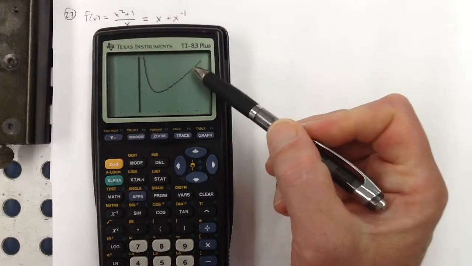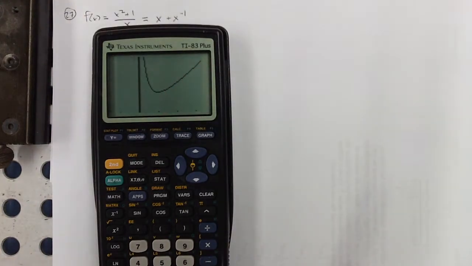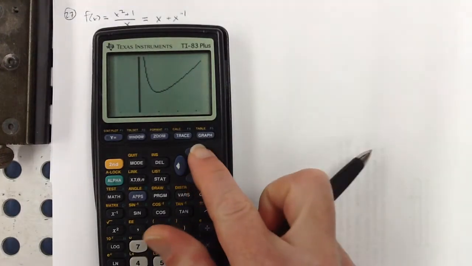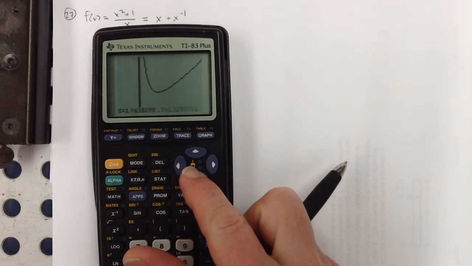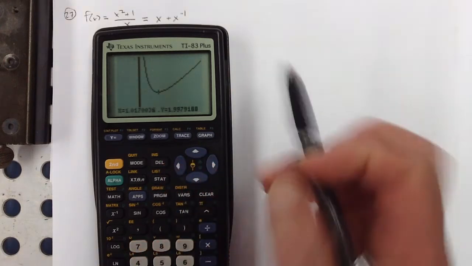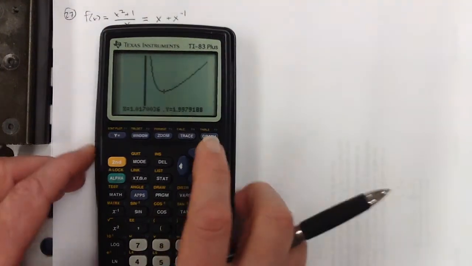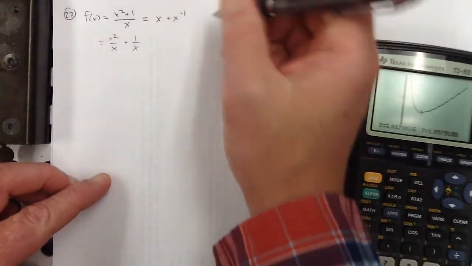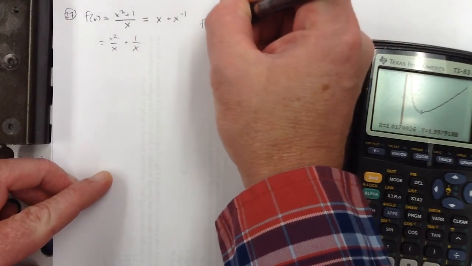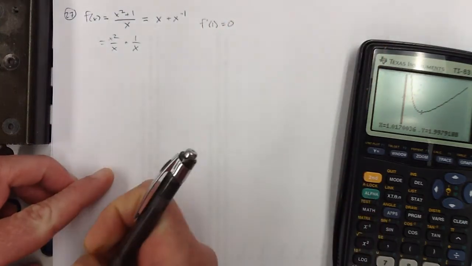So it turns out this was a little steeper than it looked on our graph. Let me move my cursor around. There's pretty close to 1. It looks like the slope is 0, so that's what I'm going with. So it looks like f prime of 1 is 0 by inspecting the graph.